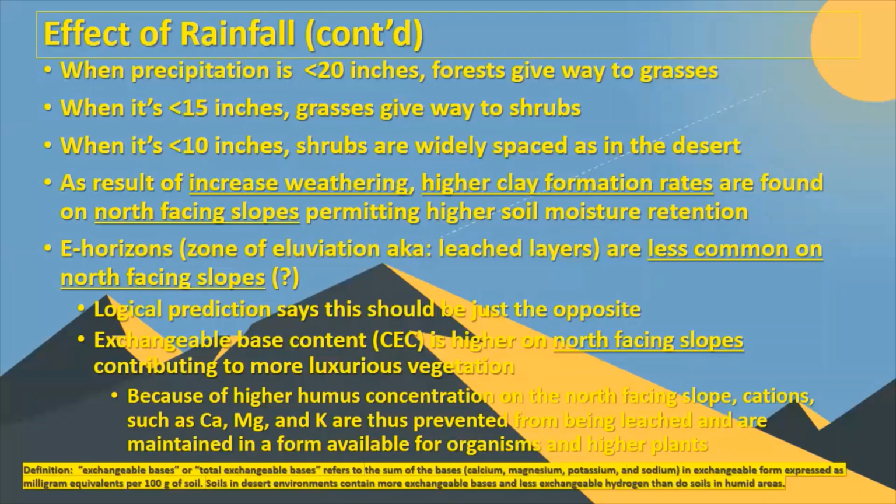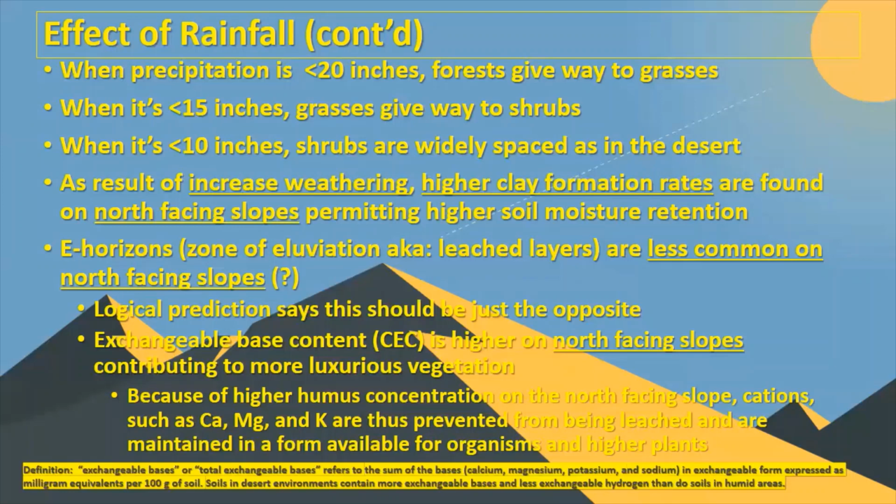There's an assortment of clay minerals. So we see those occurring more on north-facing slopes. And that permits more weathering and soil moisture retention. Clays hold water because at the very small molecular level, the electron forces attract things like water. Certain clays do.